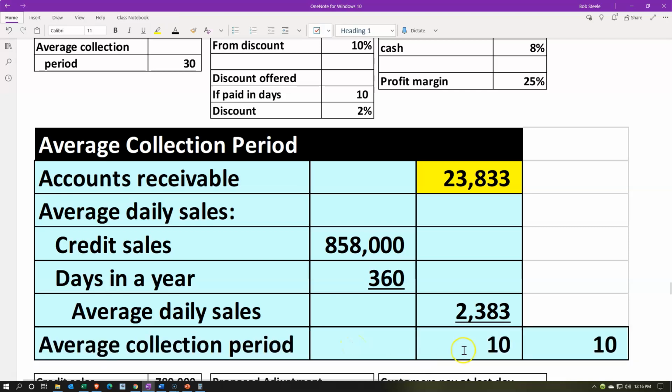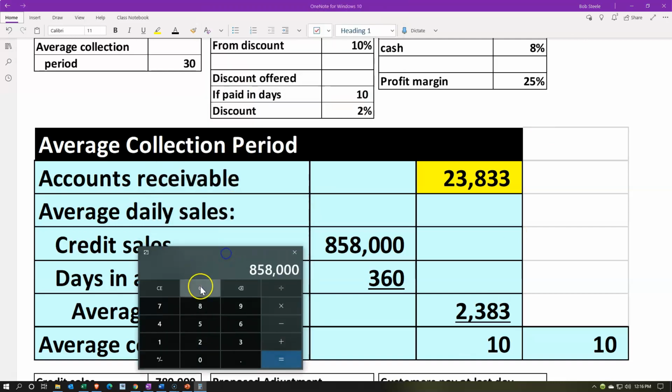And we know then that the average collection period is now 10 days because they all pay us within that time period. All right, so then we could say, remember, this 858,000 divided by the 360 would give us this number. It's rounded. So now we have the unknown divided by the 2,385 equals 10.